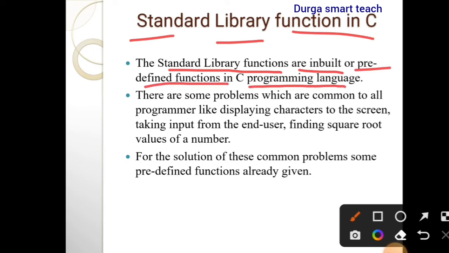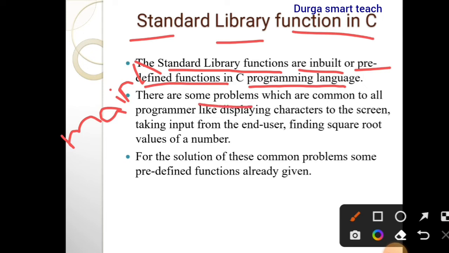Suppose main is a function: we are not defining the main function. What is the task of main? The task of the main function is that the program starts execution from main. We are not defining the main function's task, so main is one inbuilt function, that is, a standard library function.